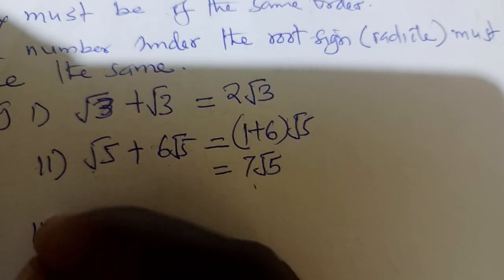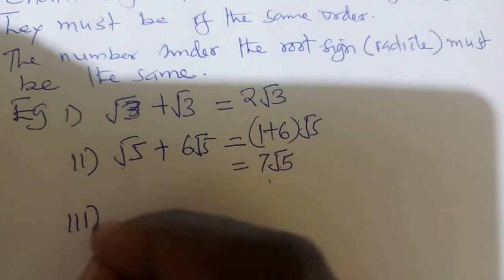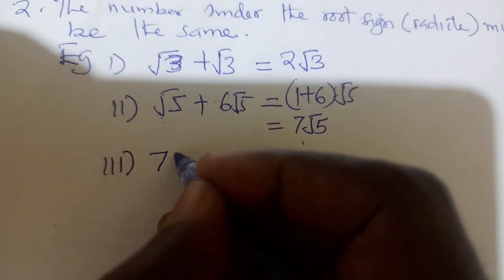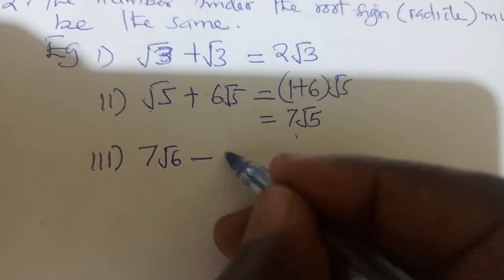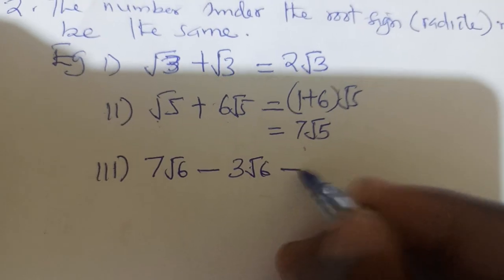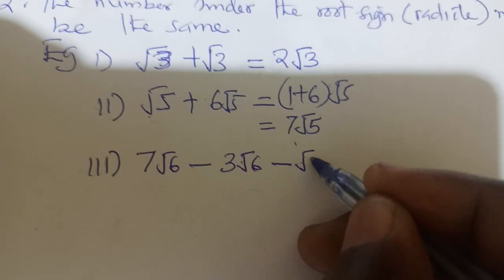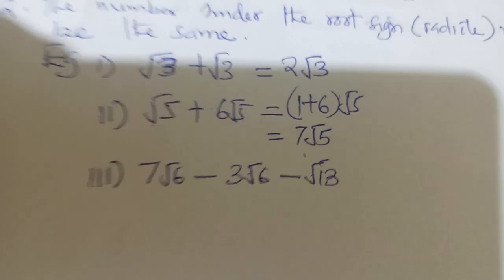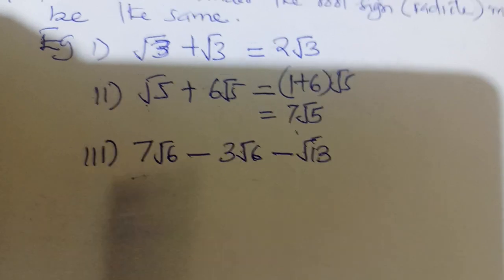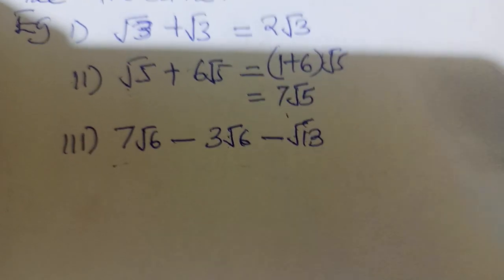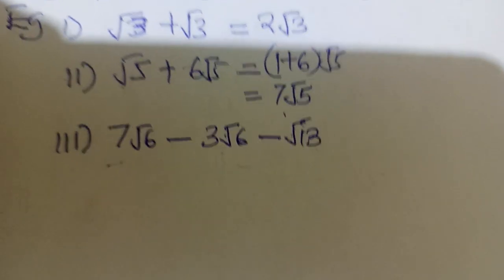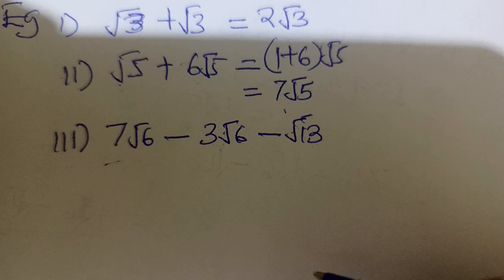Let's consider a case of subtraction. For instance, you are given 7 root 6 minus 3 root 6, then minus again, let's say, root 13. Now in this case, we have three surds: 7 root 6, 3 root 6, and root 13. We are told to subtract.